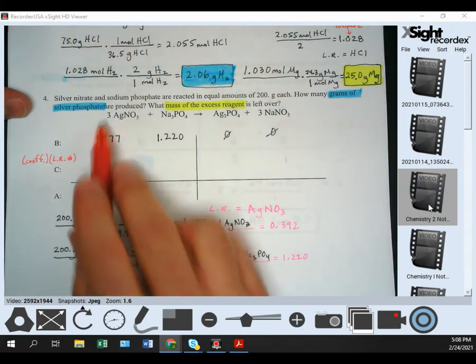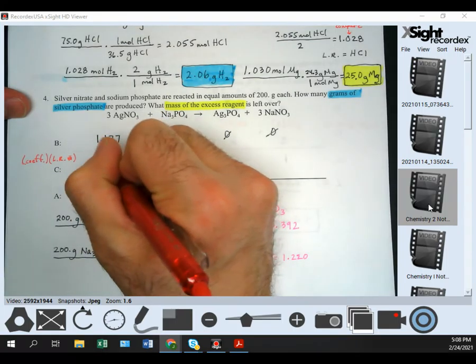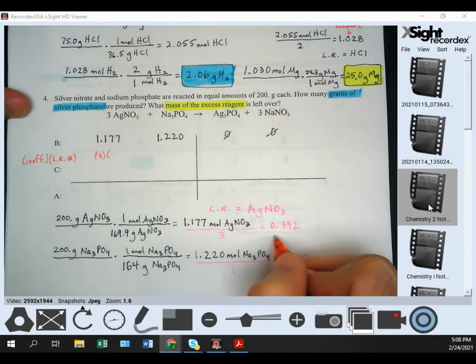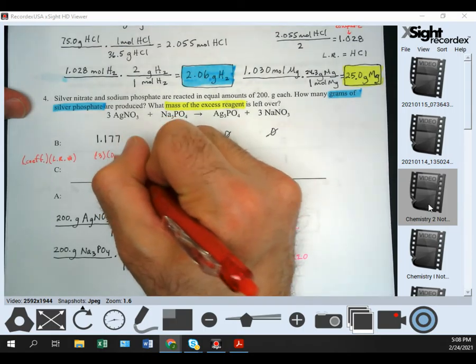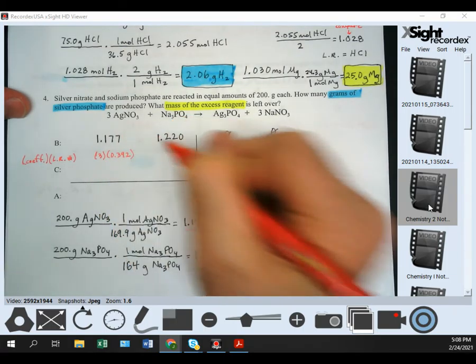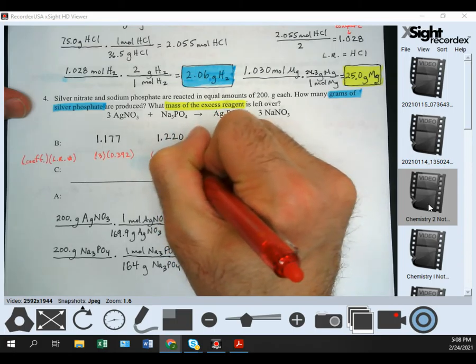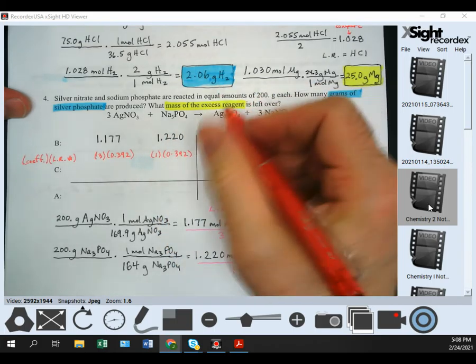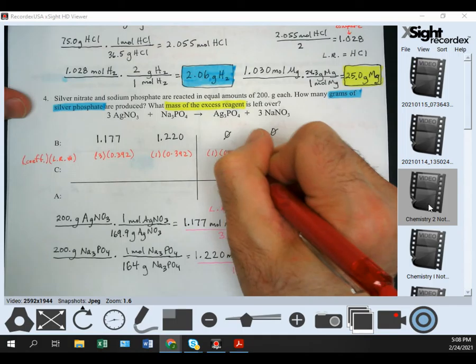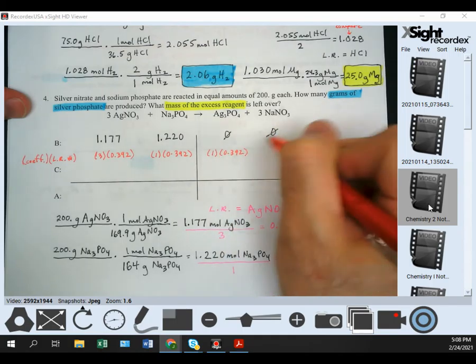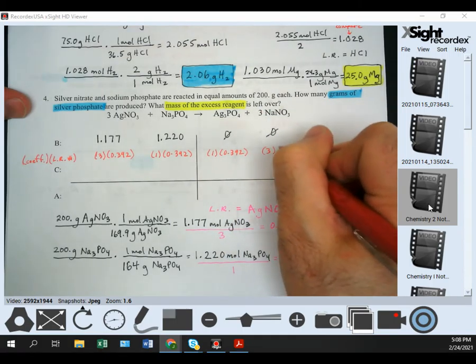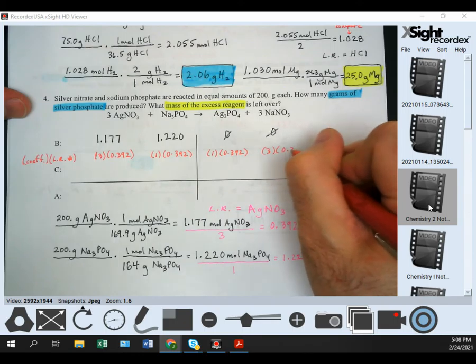So 3 times 0.392. Here, this is 1 times 0.392. 1 times 0.392. 3 times 0.392.